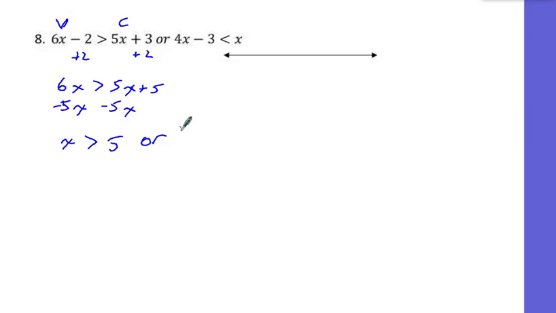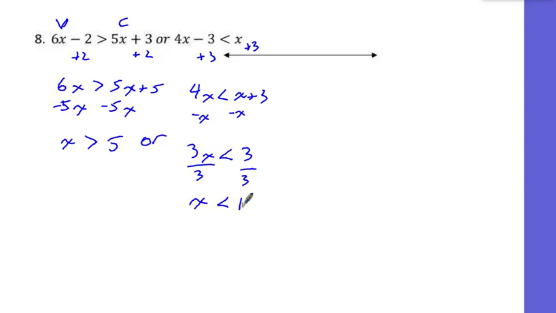Or we'll add 3, and we have 4x less than x plus 3, and we'll subtract x. So 3x is less than 3, divide both sides of the inequality by 3, x is less than 1. So we'll graph each branch as we build this. I'm actually going to not use this line.